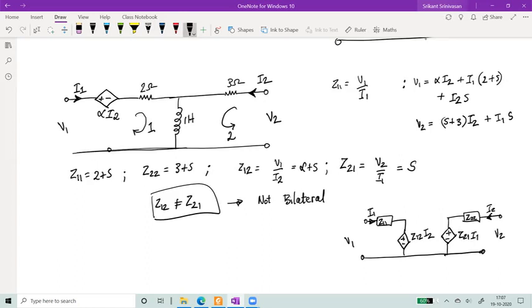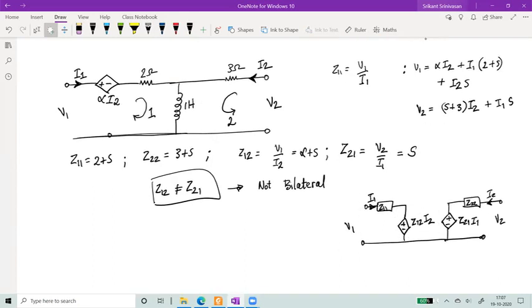So this is basically just taking care of the equation in a very obvious way. To say that the voltage at the input side V1 is equal to Z11 I1 plus Z12 I2. And similarly, the output is V2 is Z22 I2 and Z21 I1. This is a very explicit way of representing.